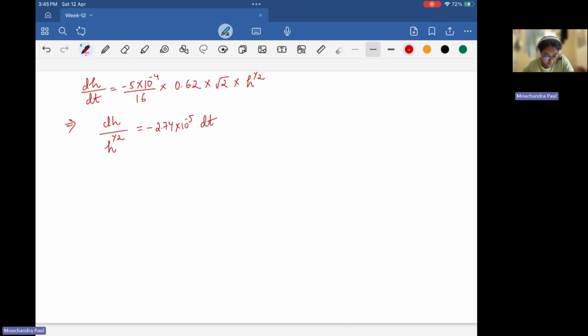Okay, this is the term that you get. Or you can also write it as, you can take this term here and do a reciprocal. So it will become minus 1.08 potential per 4.